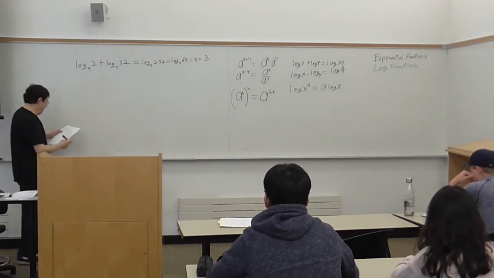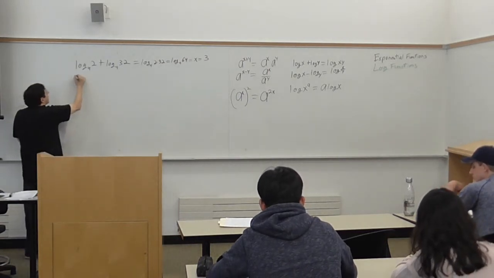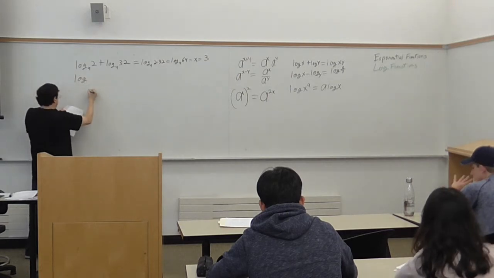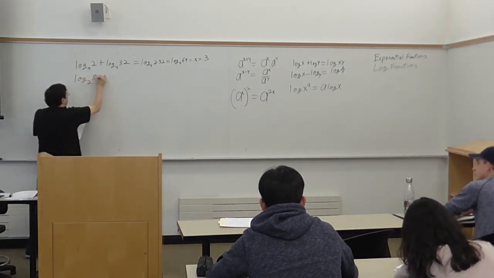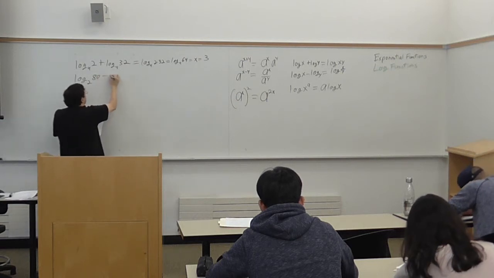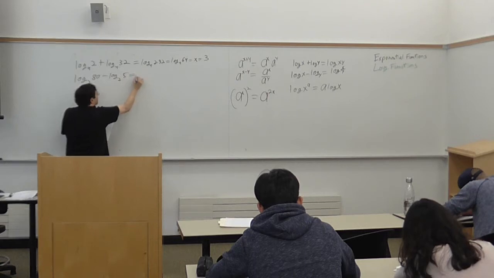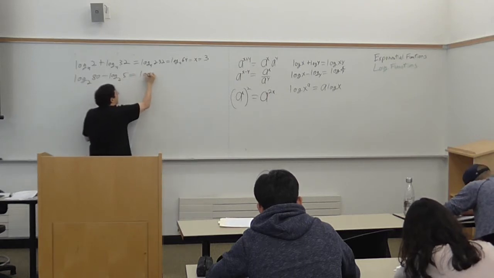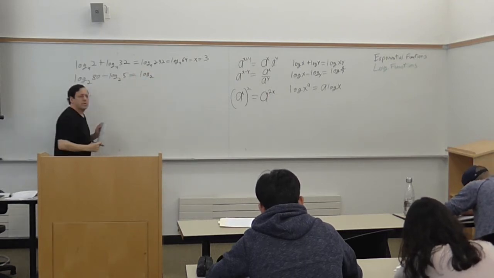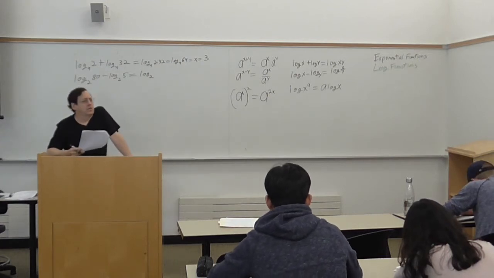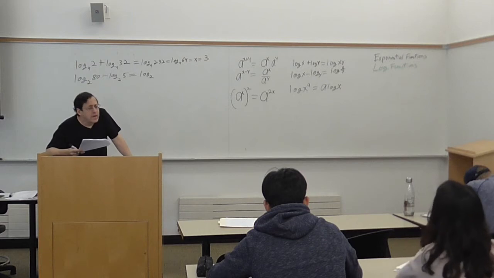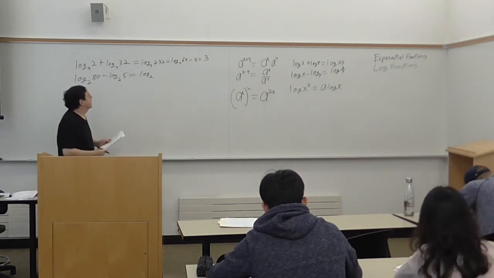Okay, let's try another one. Log to the base 2 of 80 minus log to the base 2 of 5. So that's log to the base 2 of what? 80 divided by 5. Okay.